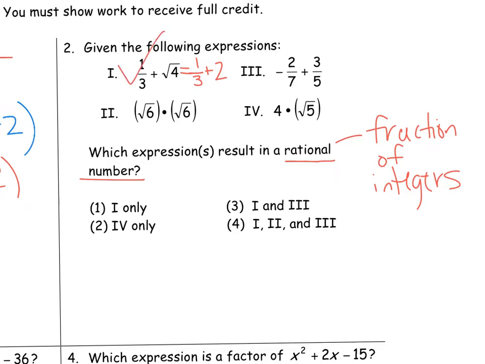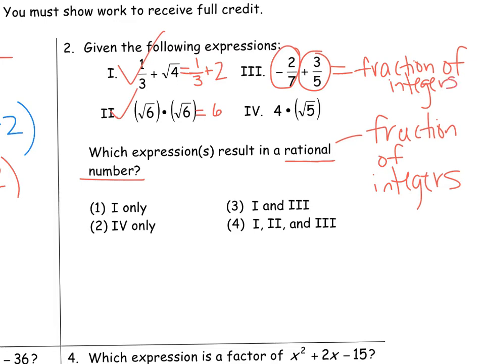Let's look at the next one. Square root of 6 times the square root of 6, if you plug that in your calculator, is just 6. 6 is a whole number. That can be written as a fraction of integers. Let's take a look at number 3. Again, I can add 2 fractions together, and I will get another fraction. So this will also equal another fraction of integers.